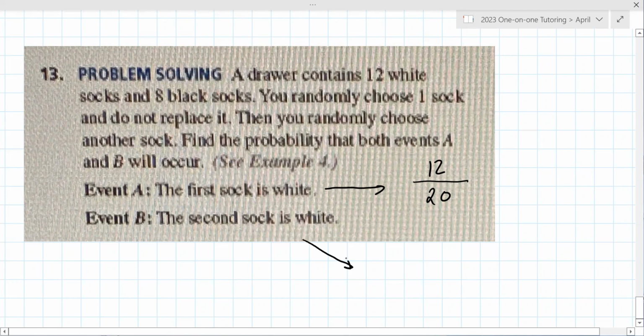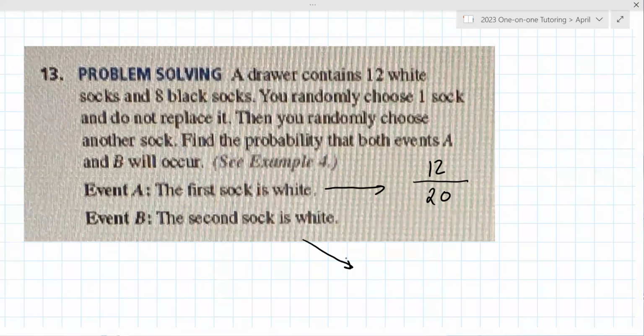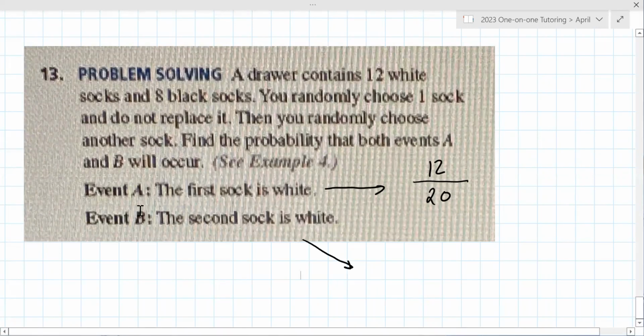Now, the next one is the second sock is white. Right. So this one assumes, though, because the way it's written, it says find the probability that both events A and B will occur. So it assumes you chose a white sock first. Okay. So if you choose a white sock, how many socks are left in the drawer? 19.